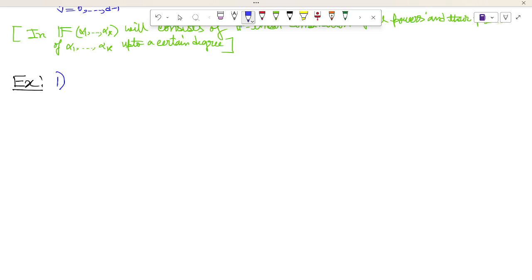So what is the degree of extension of Q? What is this?